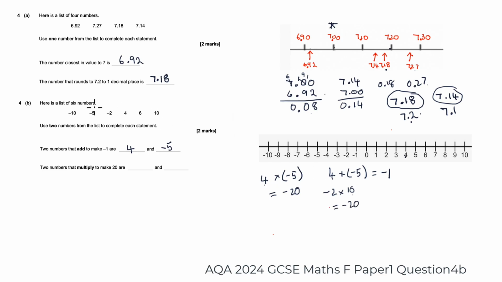But there is another one involving 10, it's this negative 10. Negative 2 times negative 10, negative times a negative does give us positive. 2 tens are 20. So yes, there are two numbers that multiply to get 20. Negative 2 and negative 10.